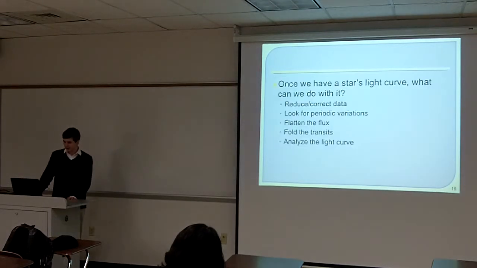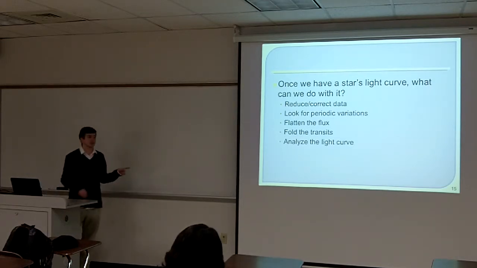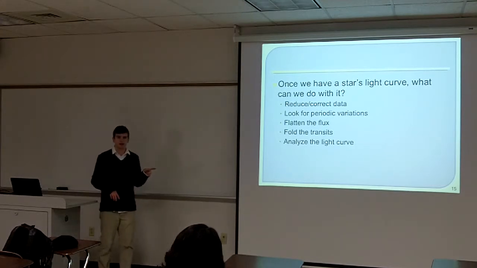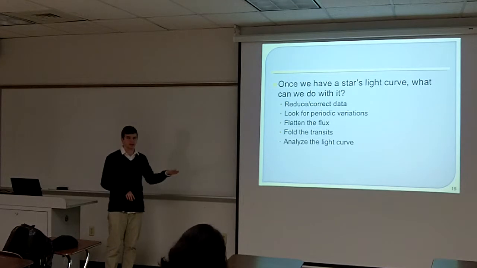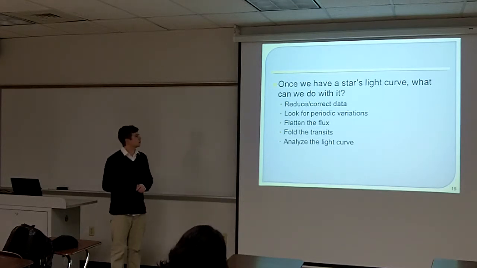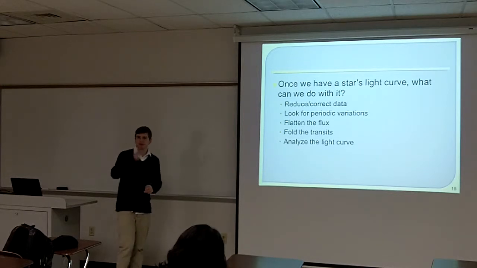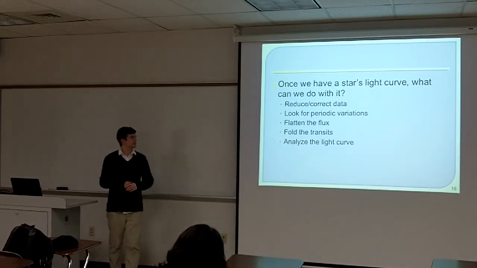All right, so once we have a star's light curve, what are we going to do with it? Well, we can begin to correct for these features. We can then look for any periodic variations to remove them and look for the telltale period of planet transit.